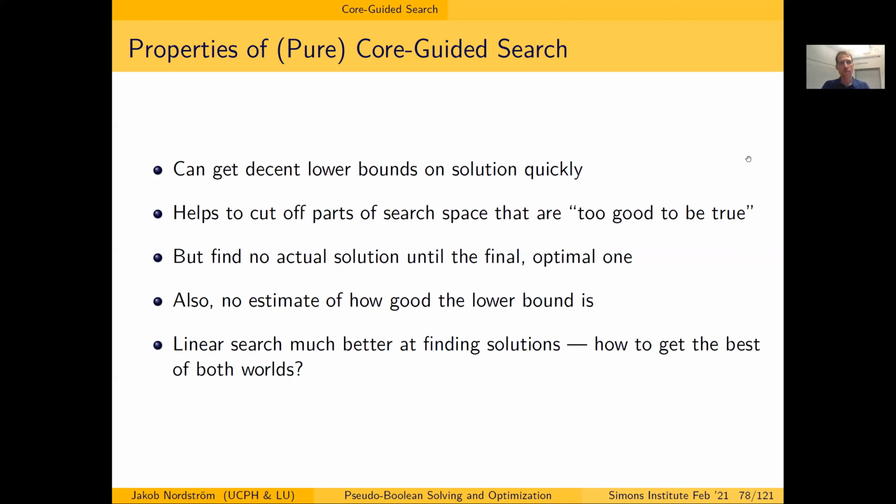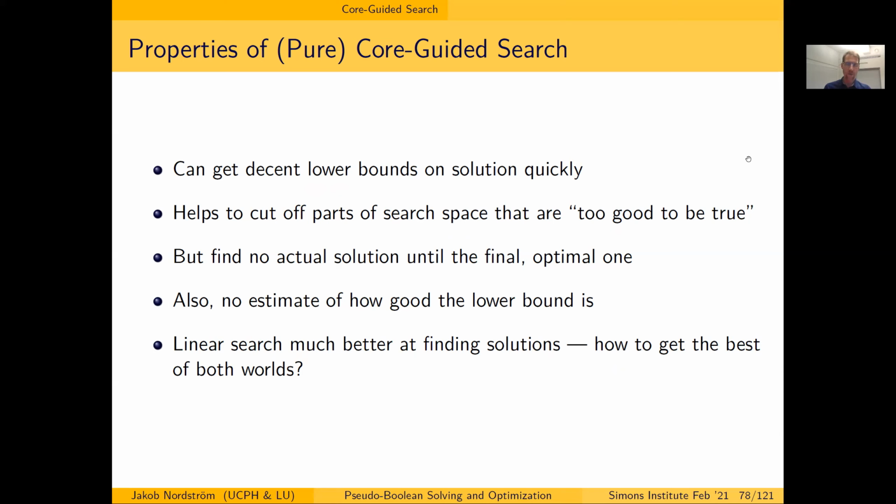And what are some interesting properties of this algorithm if we run this pure core guided search that I discussed here? Well, it turns out that if we're lucky, we can quickly get a lower bound on the solution. This is nice because if we have a good lower bound, it allows us to ignore large parts of the search space where the objective function value would just be too good to be true.